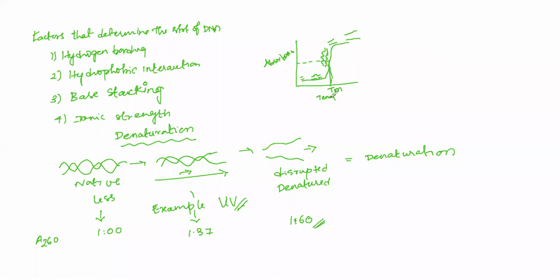You take a DNA at the initial stage, it's double stranded. As the temperature increases, it starts unwinding. That is, the hydrogen bonds between the bases start breaking, and slowly the two strands which were tightly bound will finally become individual strands.